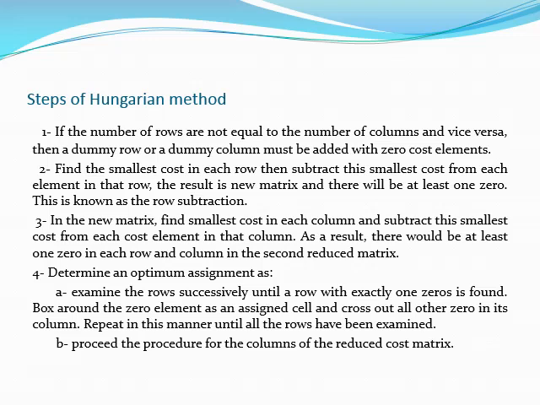Step 3. In the new matrix, the matrix after the subtraction of rows, find the smallest cost in each column and subtract this smallest cost from each cost element in that column.